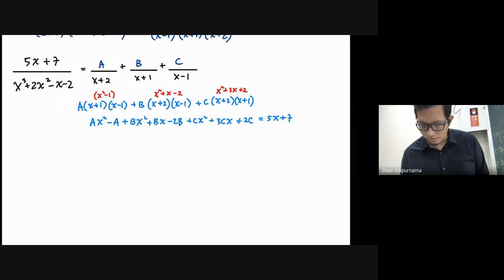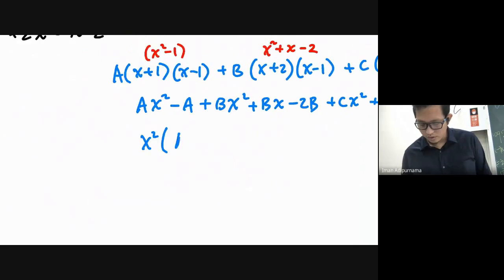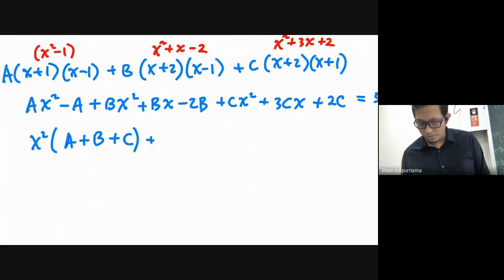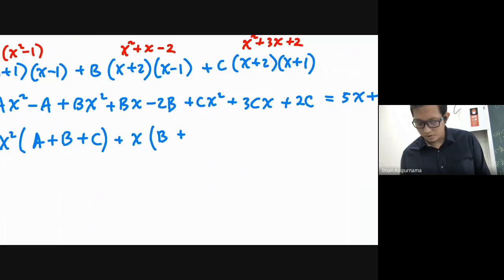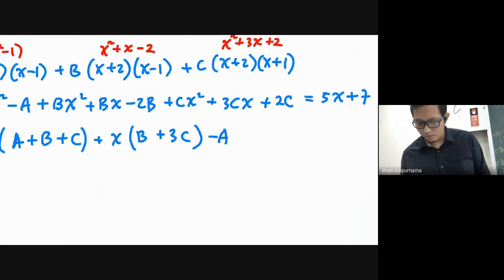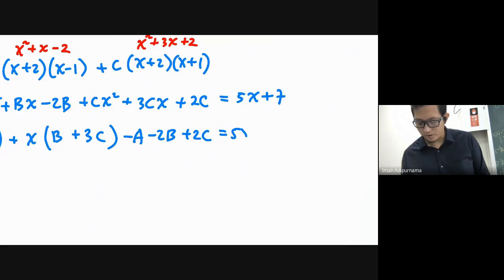And then we can group all the x squared terms: A plus B plus C, and the x terms: B plus 3C, and then the constant will be minus A minus 2B plus 2C, which should be equal to 5x plus 7.